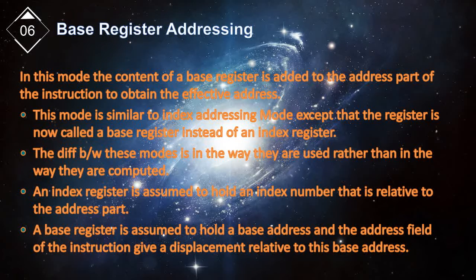The difference between these modes is in the way they are used rather than in the way they are computed. An index register is assumed to hold an index number that is relative to the address part. The base register is assumed to hold the base address, and the address field of the instruction gives a displacement relative to this base address.